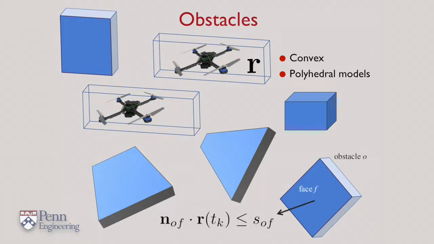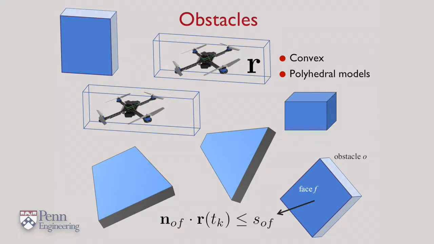Let's consider a generic obstacle, obstacle O. Because each obstacle is a convex polyhedron, we want to look at collisions in terms of the rectangular parallelepiped that characterizes the quadrotor and each of the faces characterizing the obstacle.